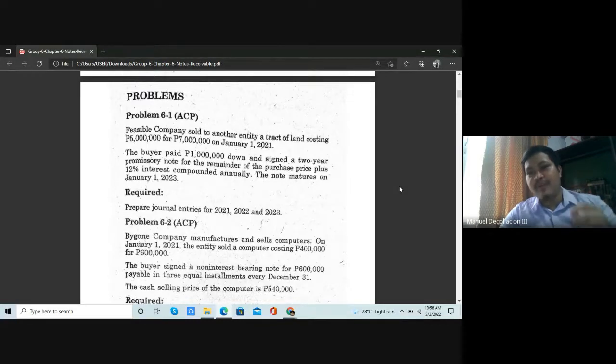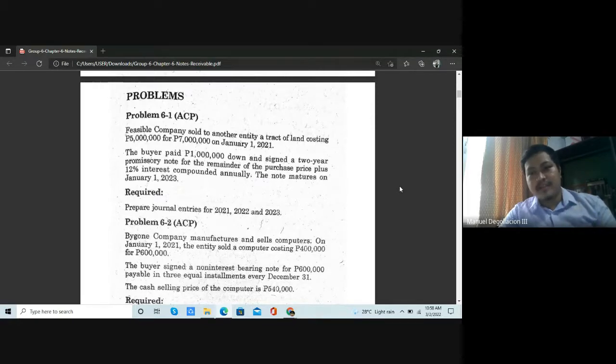So even if no interest is agreed upon, accounting assumes that there is an implied imposition of interest. That is what I was referring to earlier when I mentioned explicitly stated or implicitly stated interest. For interest-bearing notes, it is explicitly stated that there will be an interest that will have to be paid.